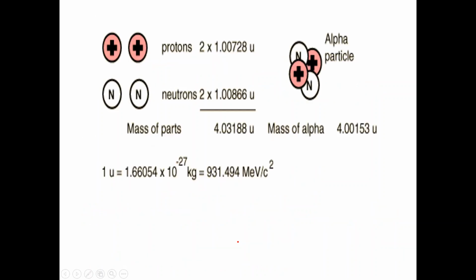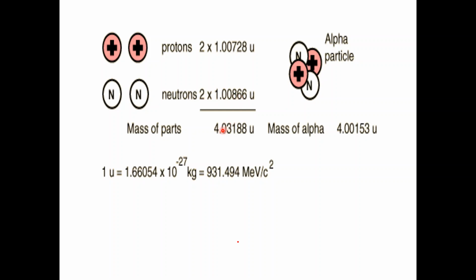For example, we can take the alpha particle. You know that it is a combination of two protons and two neutrons, and collectively the mass of the alpha particle is equal to 4.00153 U. But individually, if you look at the mass of the two protons and two neutrons, we multiply 2 with the atomic mass of the proton and with the atomic mass of the neutron.